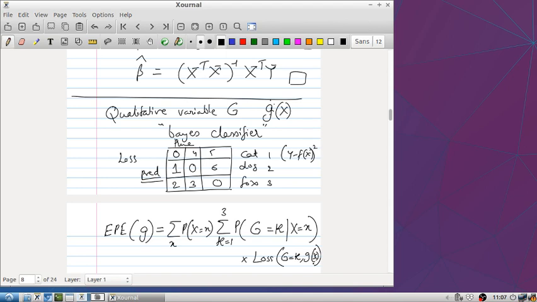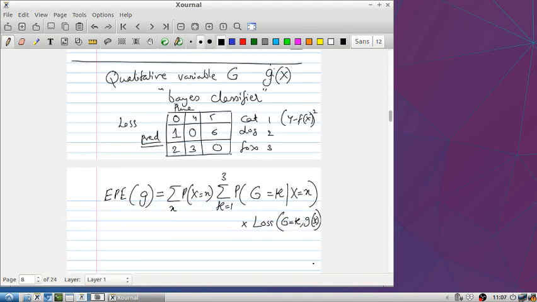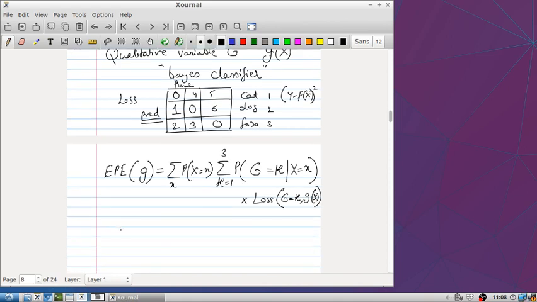And same as before, we can just minimize the term inside for fixed x equal to x0.